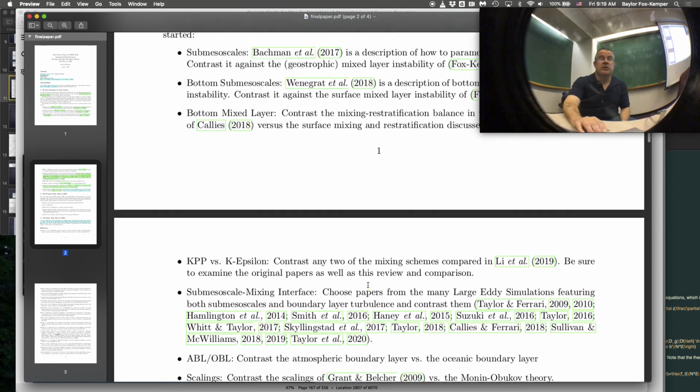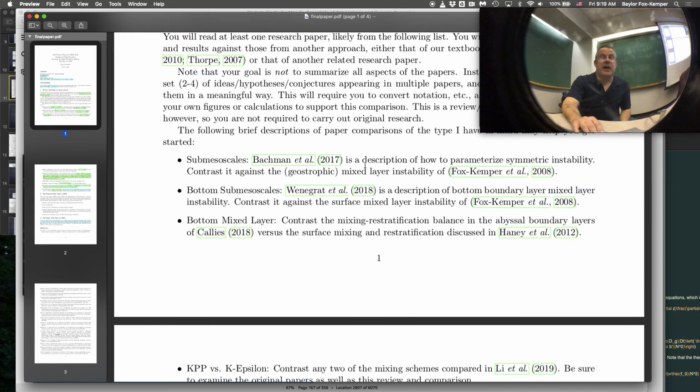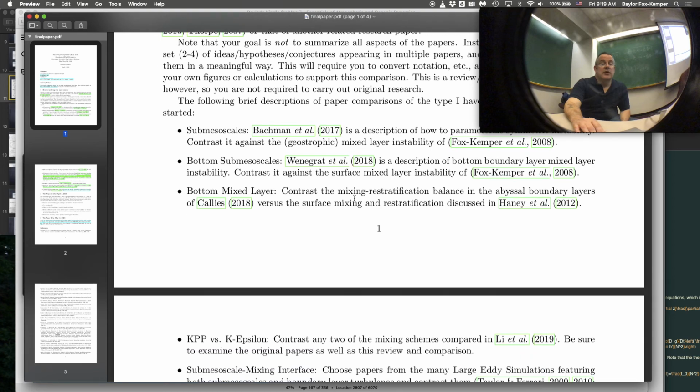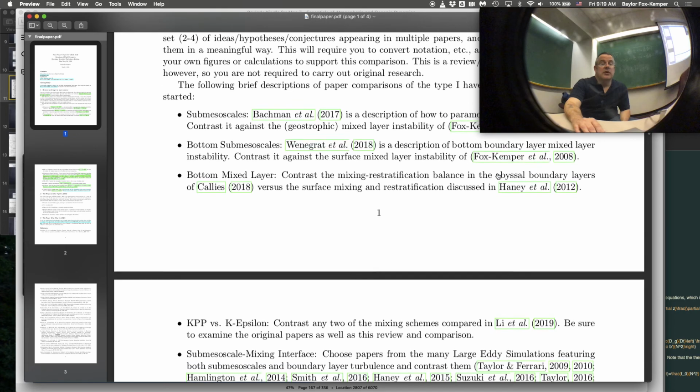I gave you a bunch of different topics that you could think about. On submesoscales, you can talk about symmetric instability versus geostrophic instability. Bottom submesoscales, bottom boundary layer versus surface boundary layer.